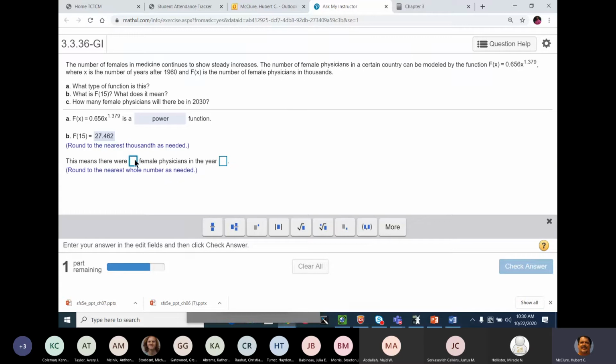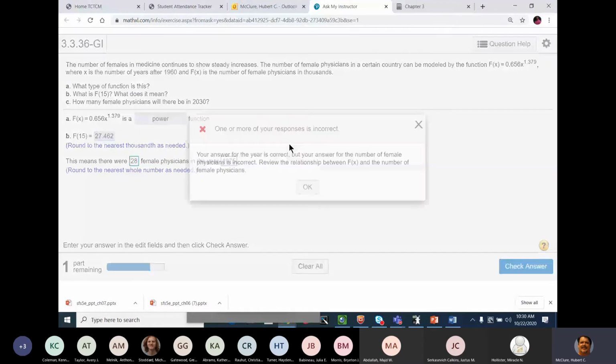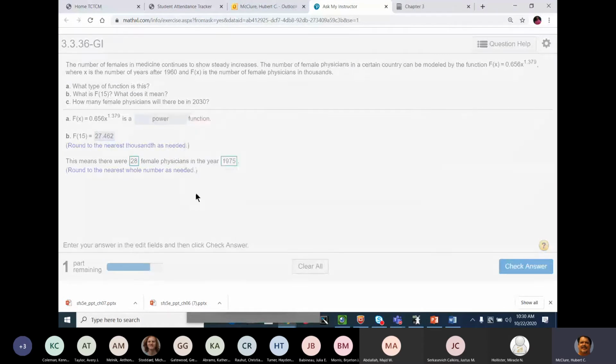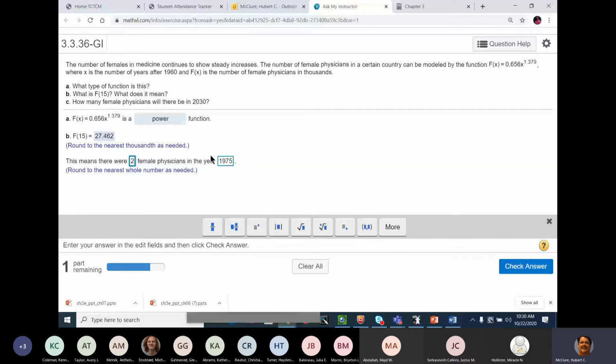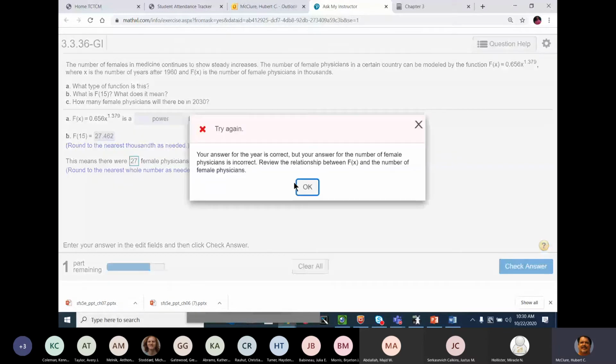In 1975, there were 27 female physicians. There might be 28 because you don't round down. Let me just round up to 28. In the year 1975. Let's go with 27 then. Okay, I have no idea.